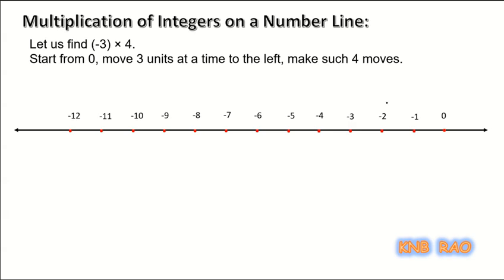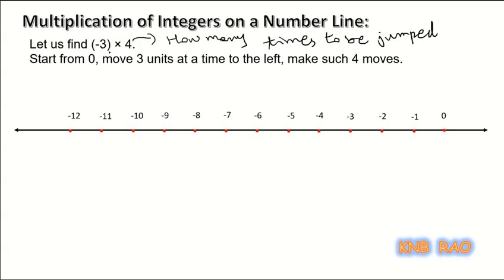One of the multiplicands tells us how many times to jump, and another multiplicand tells how many units of jump that we have to do.